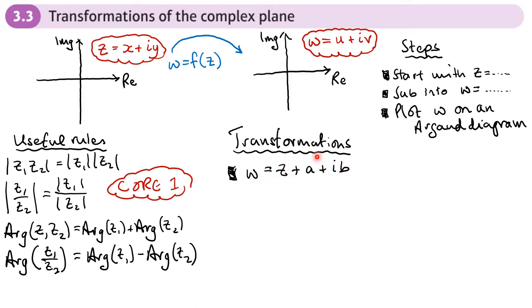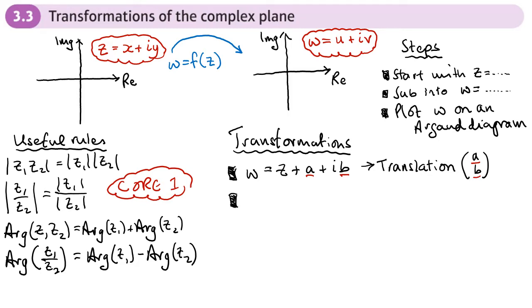So we'll start with z, that might be a circle, it might be a half line. If you see something like this, then this is a translation. That's what I meant to say. It's a translation of a plus bi, whatever these numbers A and B are. So not a transformation, it's a type of transformation: a translation.